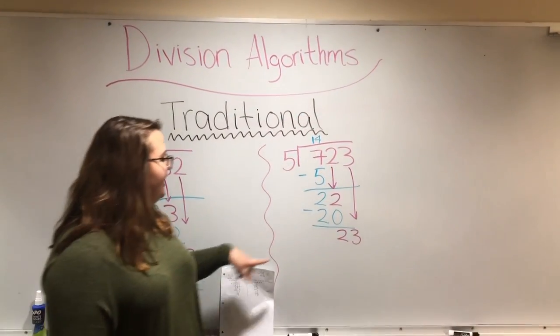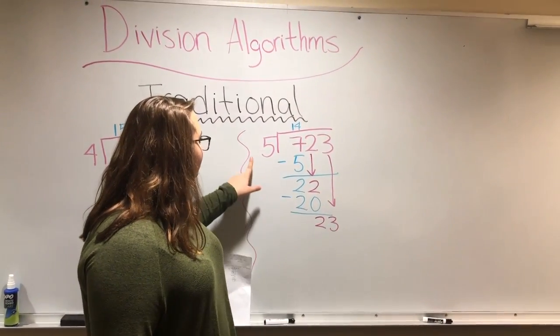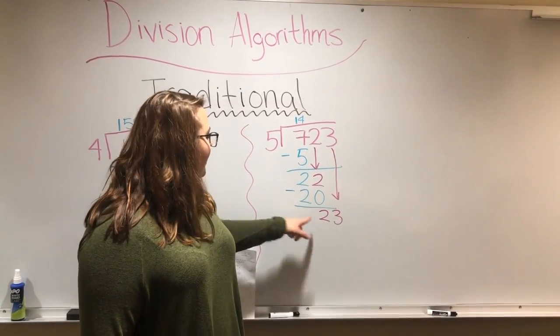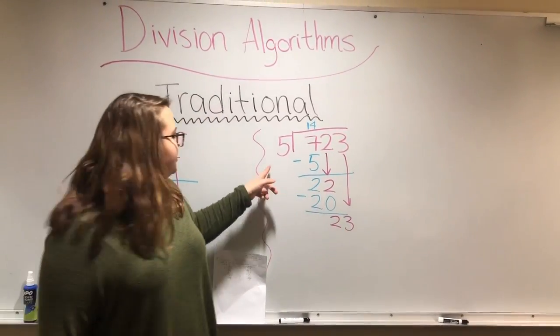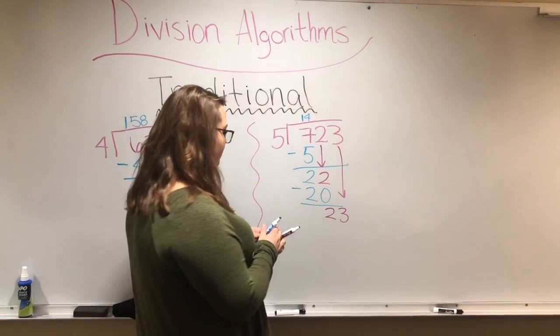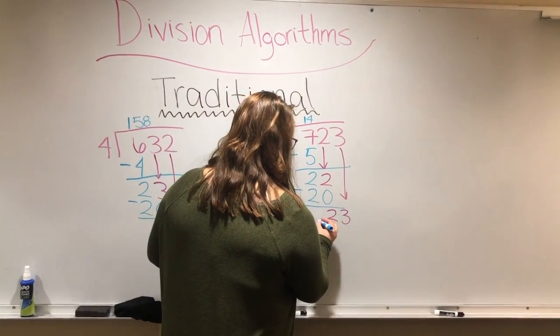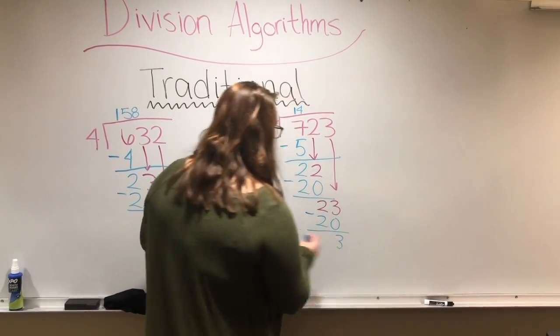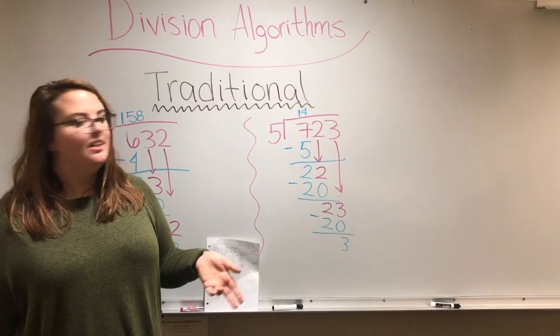23. Okay, so now we have the 23, and we have to think, how many times does 5 go into 23? Once again, 5 times 5 would be 25, too much, so we have 5 times 4, which is 20. So subtract our 20, and we have 3. Now 5 can't go into 3.